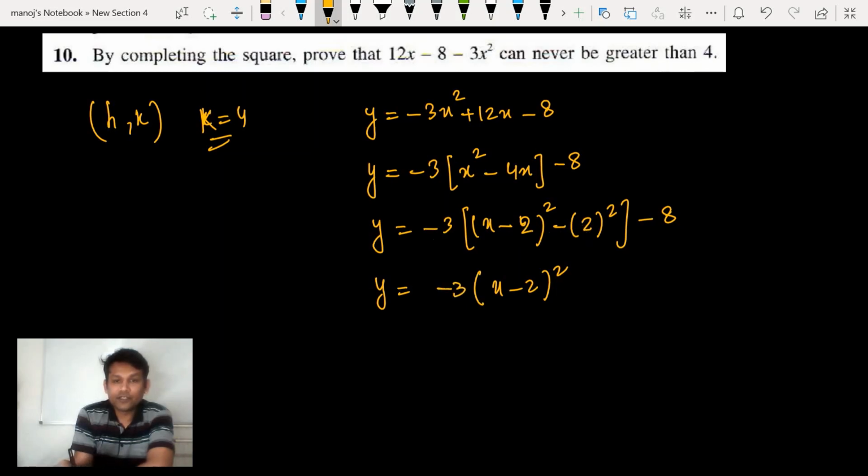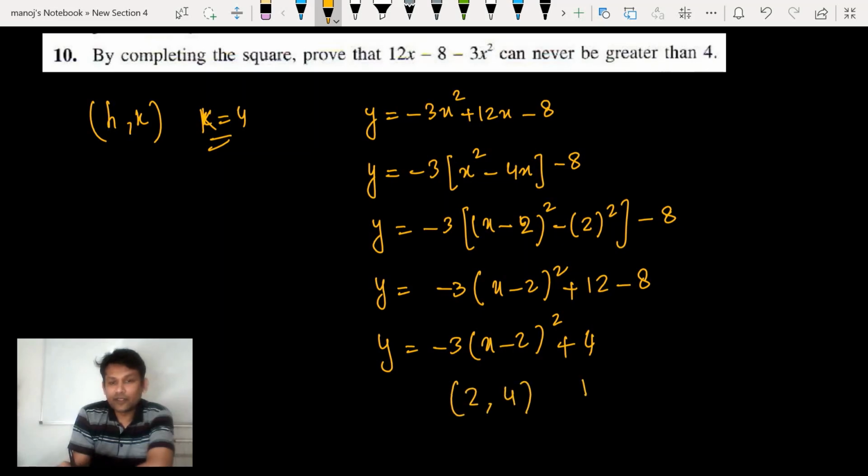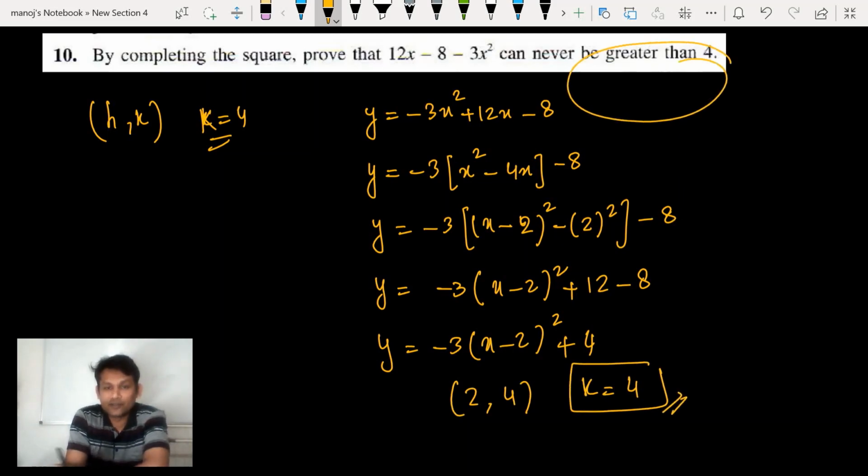This minus 3 and minus minus is plus. 2 square is 4, times 3 is 12, and minus 8. And the answer is coming 4. I told you what h is, the turning point 2, and k is 4. So k is 4 means this is equal to 4, not more than 4. That means this proves it, the value of k is what I told you was required.